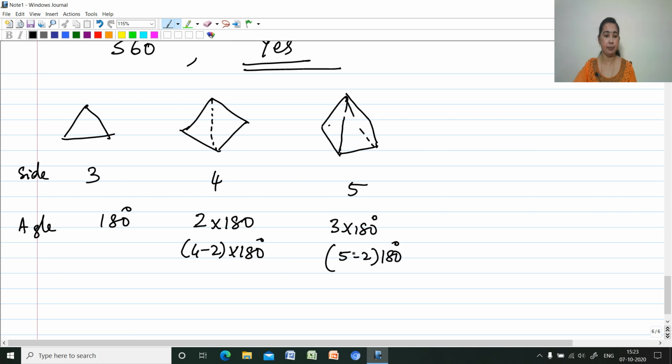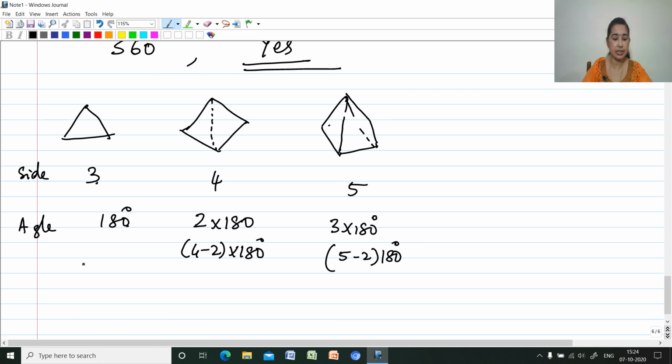Using this, what can you say about the angle sum of a convex polygon with number of sides 7? If the polygon has 3 sides, the angle sum is 180 degrees. For a 4-sided polygon, it is (4 minus 2) into 180, that is the way they get 2 into 180. Then for a 5-sided polygon, it is (5 minus 2) into 180.